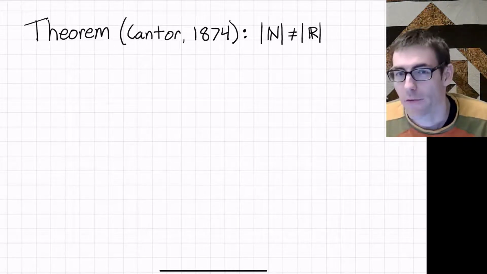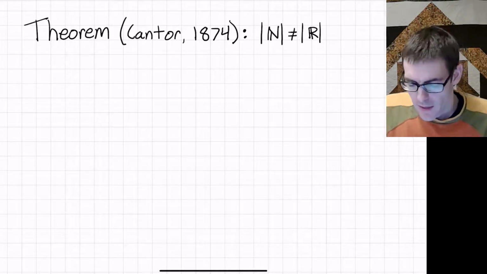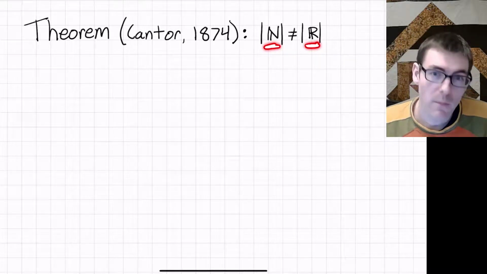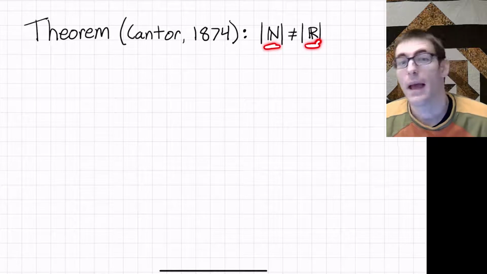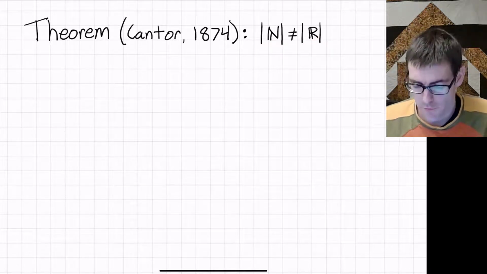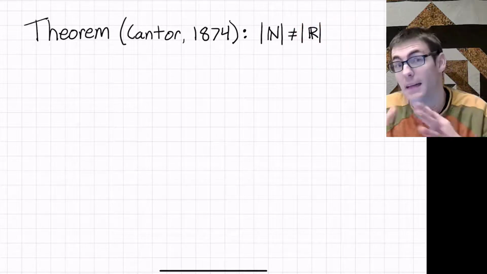Okay, so what does that mean? Well, one way of phrasing this, using our definition of cardinality, is that there is no function from the set of natural numbers to the set of real numbers that's onto and one-to-one. Put another way, there is no way of writing the real numbers in order and getting all of them.